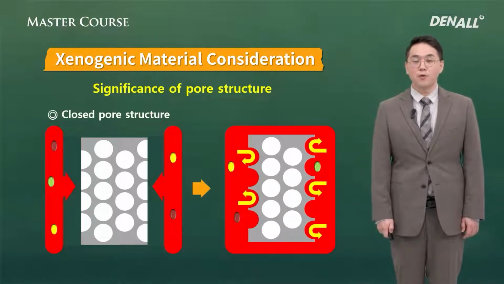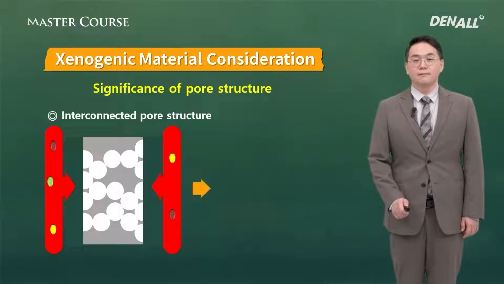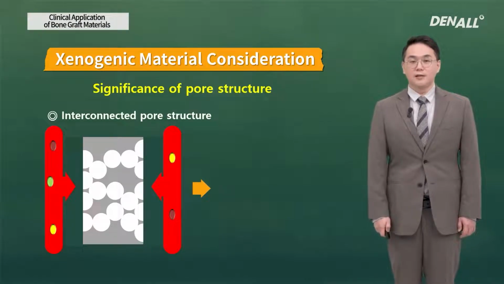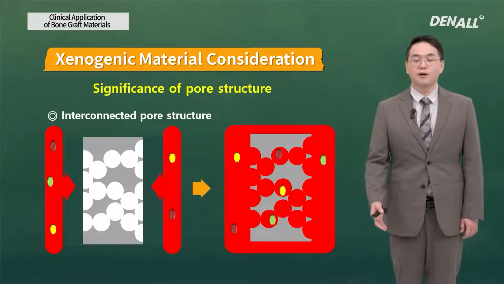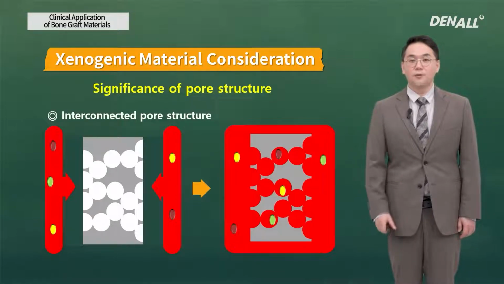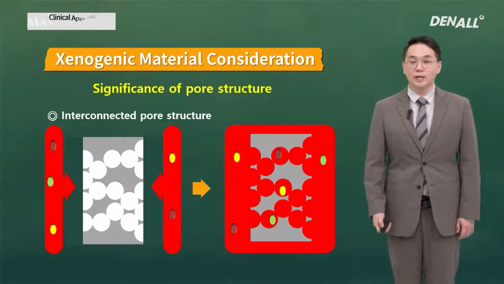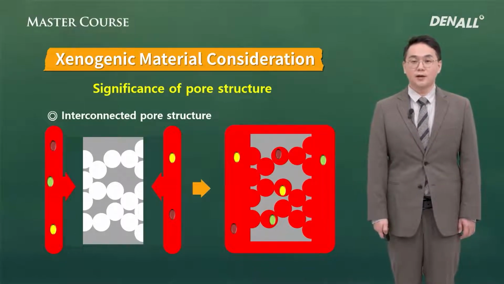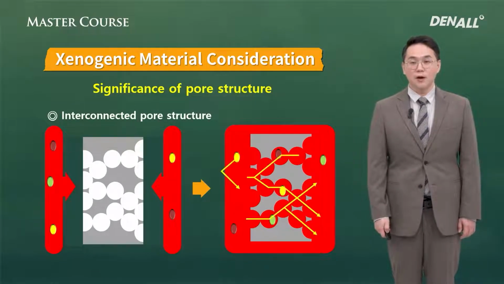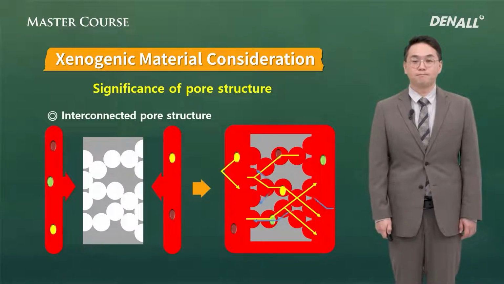But if pore structures are interconnected, similar to human cancellous bone, through the capillary vessels, the blood can go into the structure of the bone material, increasing the blood holding capability, so vessels can grow into the bone material.